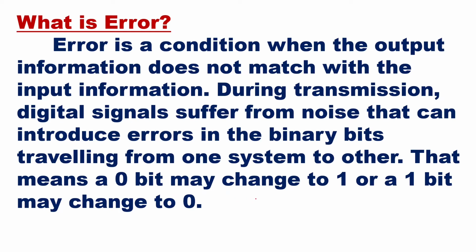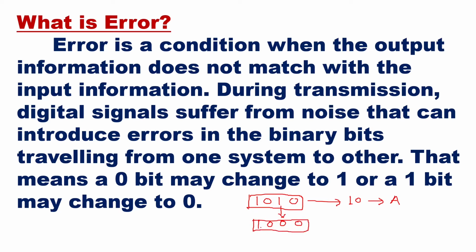For simplicity, say your data is 1010. 1010 is nothing but 10, which is hexadecimally represented as A. Now this data is transmitted from transmitter to receiver, and at the receiver, say you receive 1000. One bit has become 0.